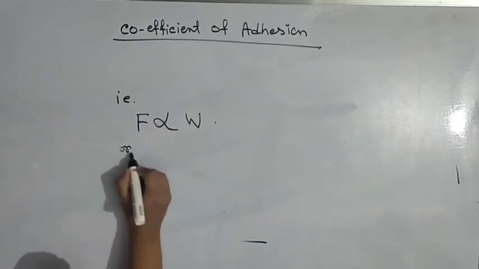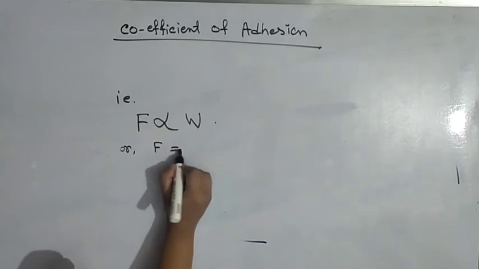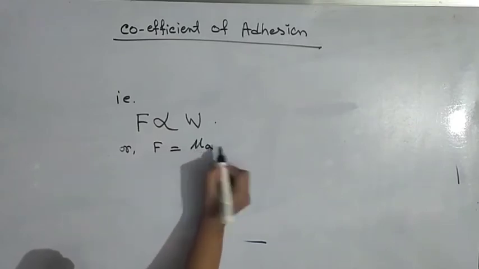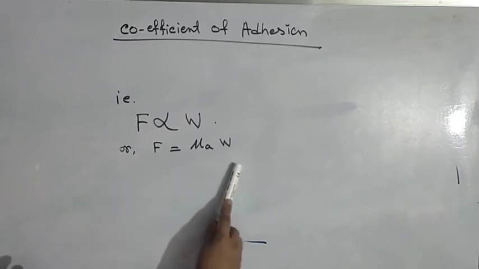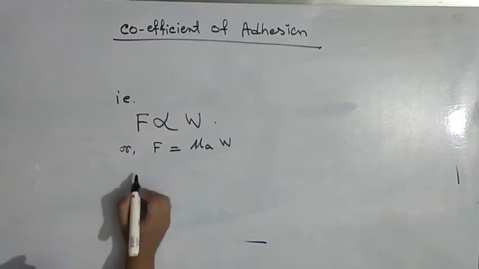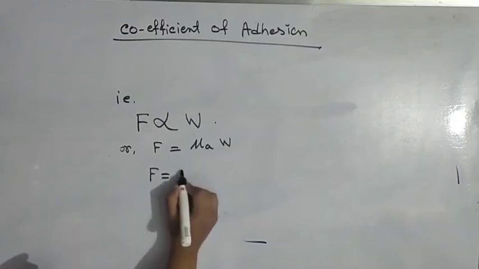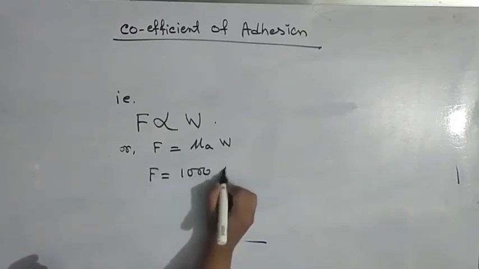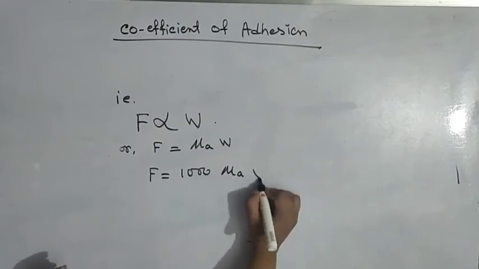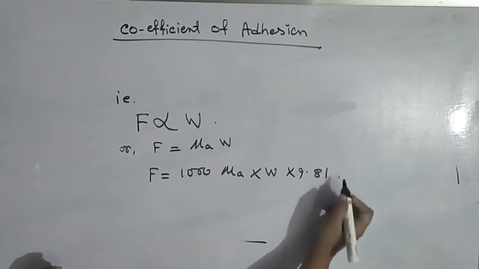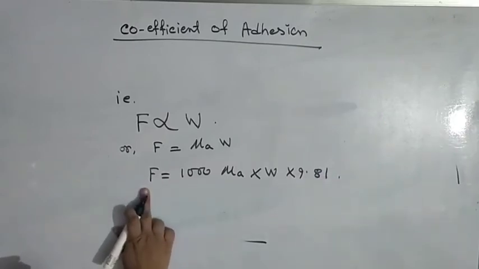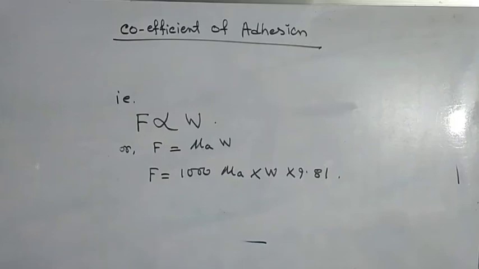Or we can write F is equal to mu A into W. Now if F is in Newton and W is in ton, then the equation can be written as F is equal to 1000 mu A into W into 9.81, where F is in Newton and W is in ton.